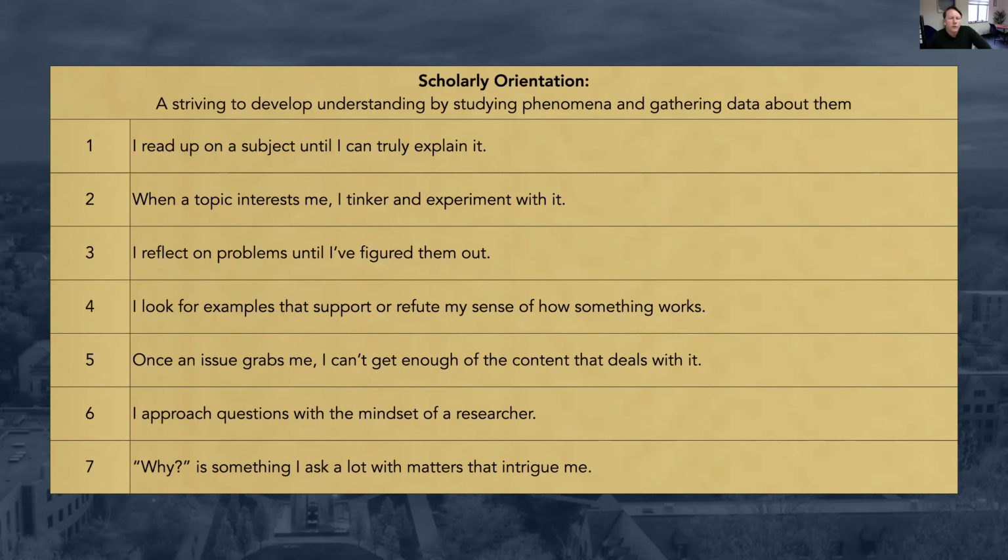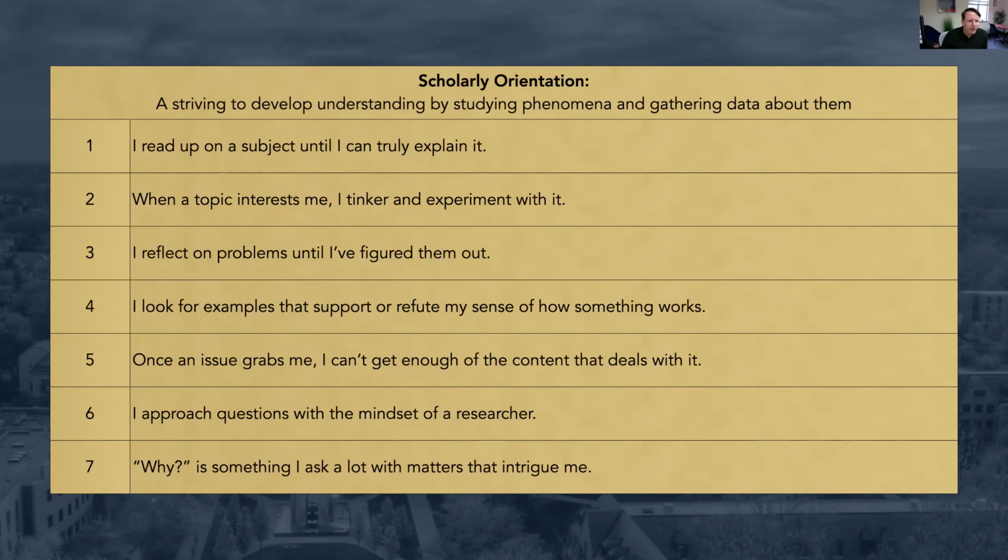You look around you for anecdotal cases that support or refute your conception of how these things work. You may find that you just simply can't get enough of a certain piece of content. You might approach stuff with the mindset of a researcher, and certainly given how fundamental why is to theory and theorizing, you probably ask a lot of why questions when you're pursuing what it is that intrigues you.